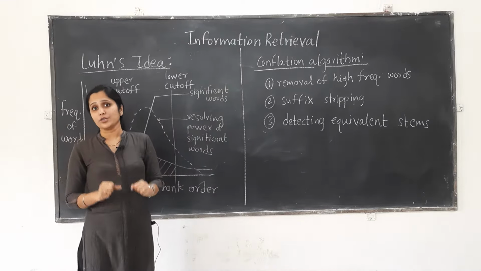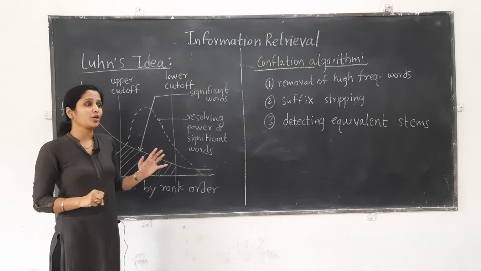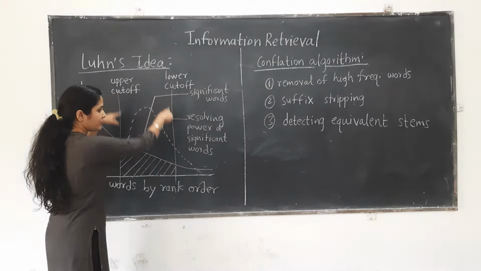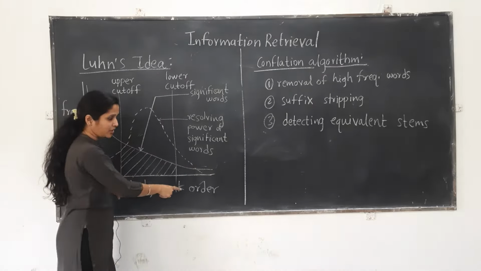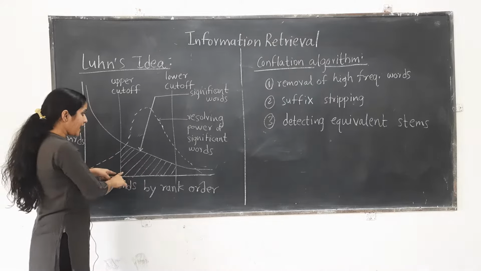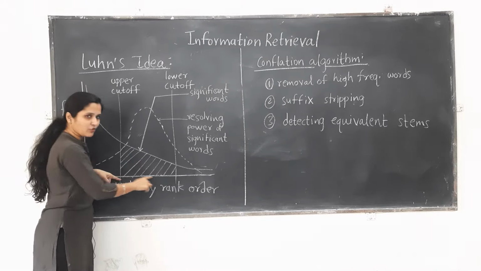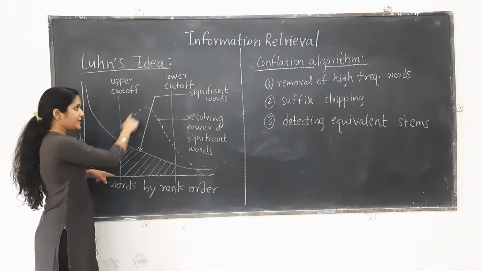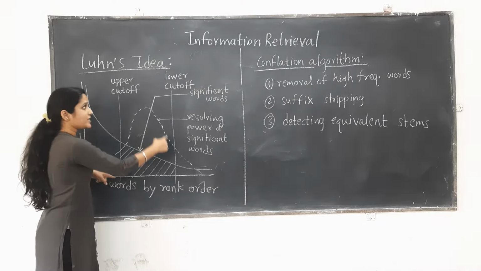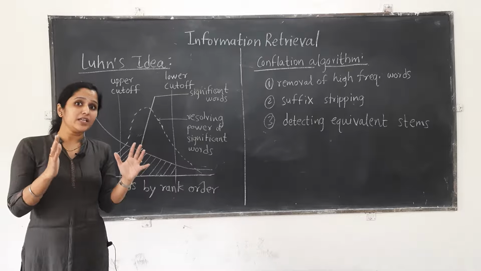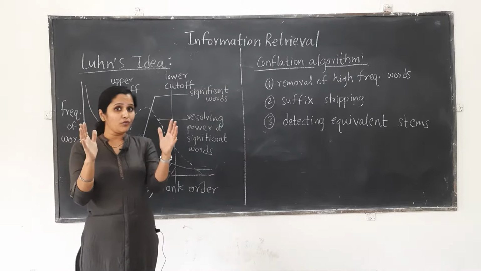The words which contribute to identifying the context of the document lie between these cutoffs, generally this much, and the power these words have is called the resolving power of the significant words in the document.